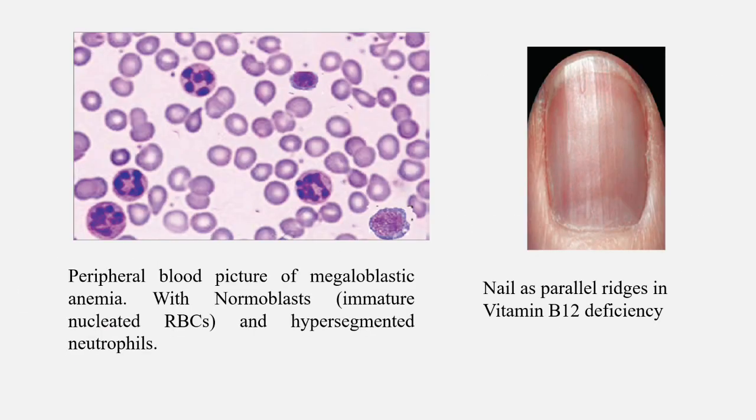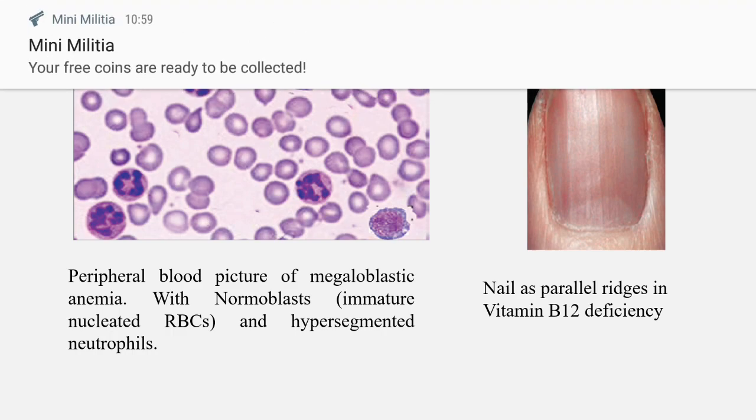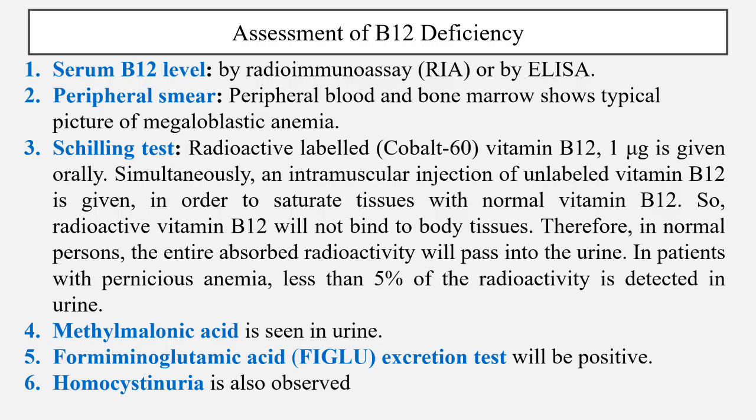Here you can see the peripheral picture of megaloblastic anemia and the parallel ridges in the nails in B12 deficiency. How can we assess B12 deficiency? Serum B12 levels are measured by RIA and ELISA methods, and the peripheral blood smear shows megaloblastic anemia.